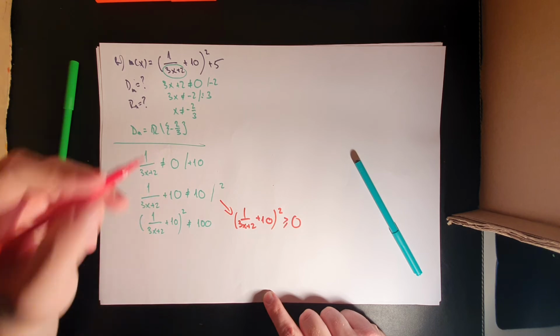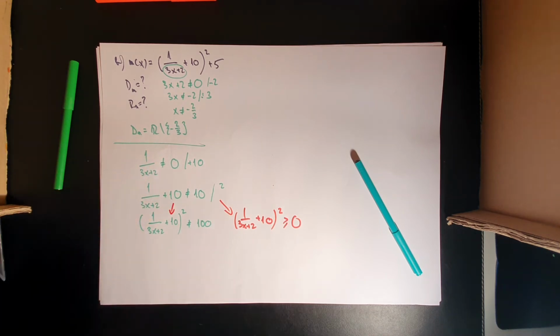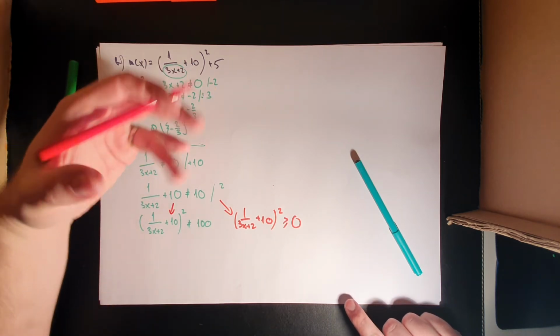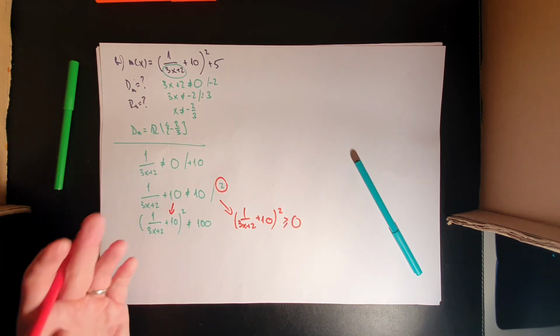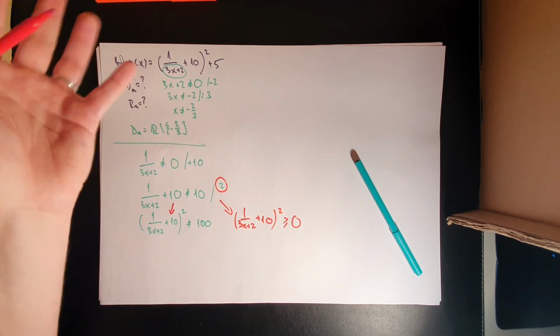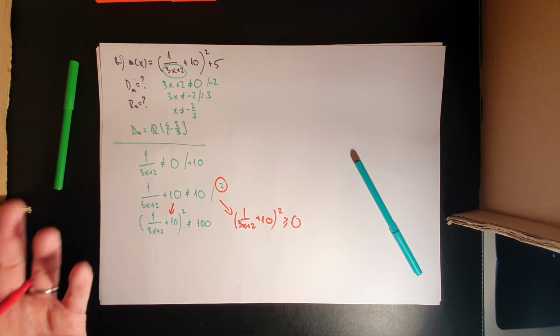So this is new. So far, we just had one situation. Now we had to expand it because of the squaring. By the way, we didn't have to square so far, so we didn't have to worry about it.